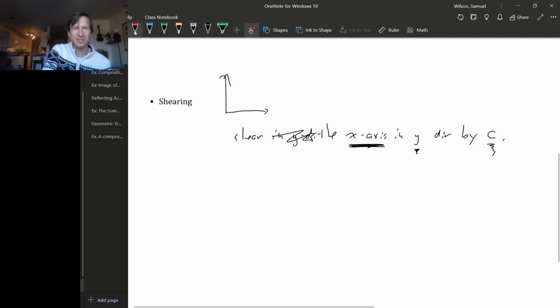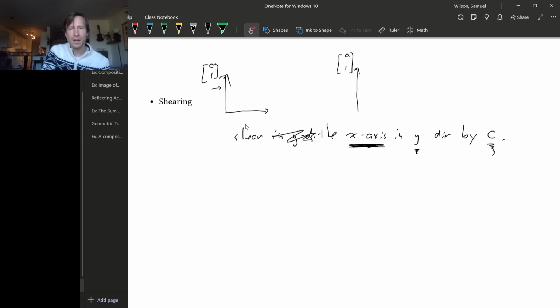So the y basis vector we're leaving alone. Okay, so this was (0, 1), and we're sending it to (0, 1). And to the basis vector in the x direction, we're going to add c times the basis vector in the y direction.